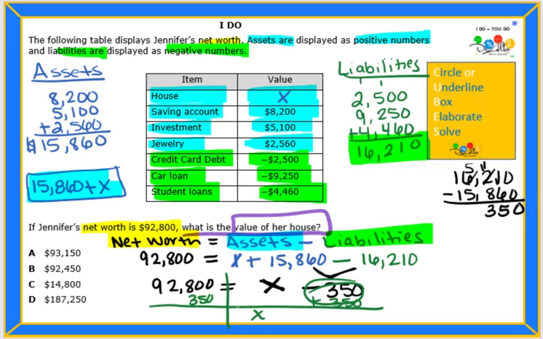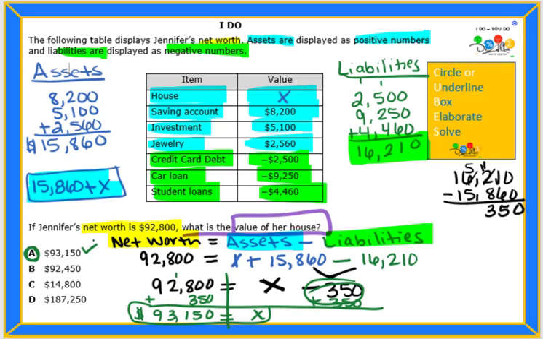So we have X equals, and on this side we're going to add these up, and we get $93,150. So X is equal to $93,150, which means the value of the house is $93,150.